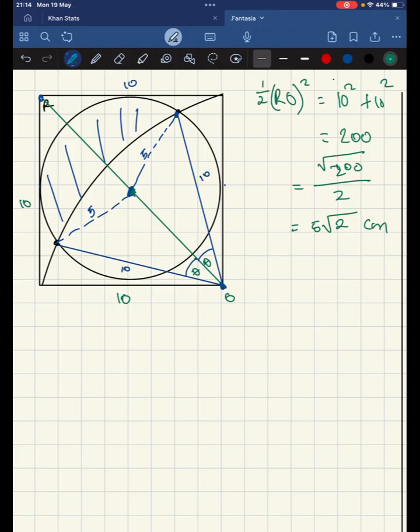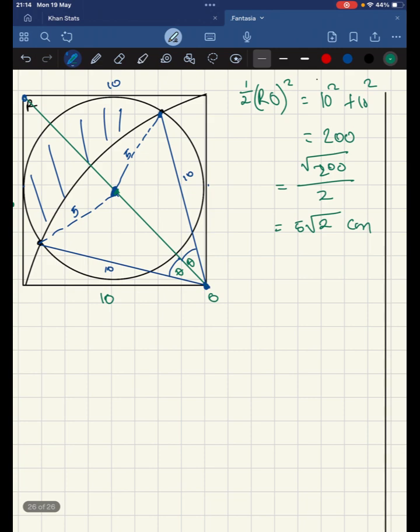Now, we can also look for this angle and this angle, so that we can use it for this angle. And once we have this angle, we can calculate this area with this, and then we can also calculate this area as well.